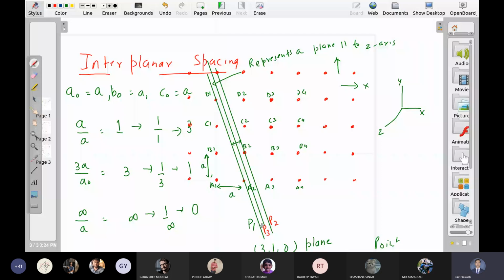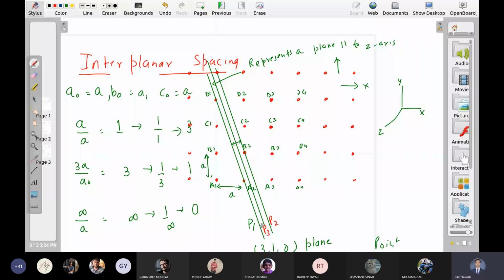You can check, you can prove also, although the proof is quite difficult, but you can check it very easily that the P3 plane, although it has similar indices, is not going to pass through any lattice point in this set of infinite points. इस पूरे infinite points के set में P3 किसी भी point से होके नहीं जाएगा. It is P2 which is the nearest plane which will pass through at least one of the points of the lattice. Okay.